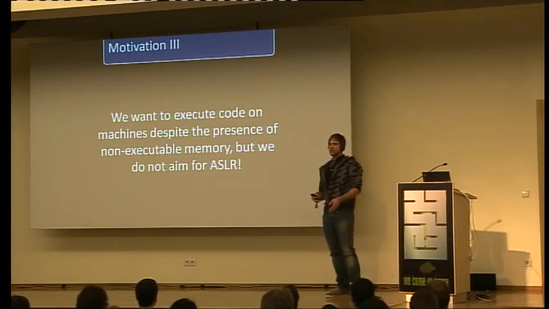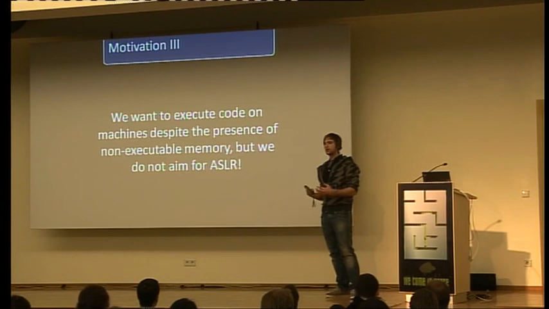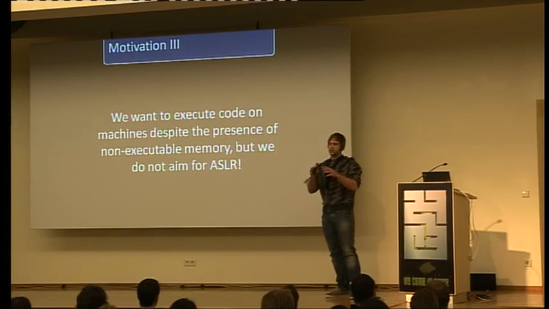So given that you use return-oriented programming or any other code reuse technique, the main issue is always that you can only defeat one specific part of the defenses with it, and that is the memory protection so that data cannot be executed.